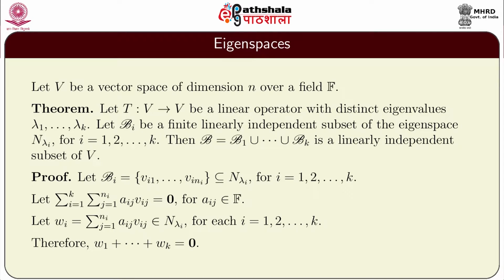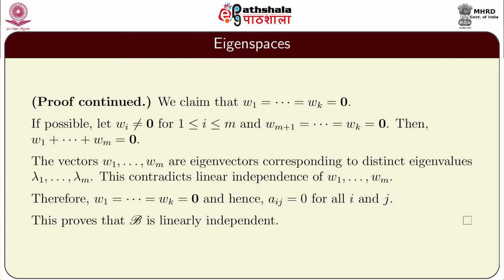Then from that previous line we see that W1 plus W2 and so on up to Wk is the 0 vector. We claim that each of W1, W2 and so on up to Wk is nothing but the 0 vector. So, suppose not, and if possible let Wi be non-zero for i between 1 and m, and Wm plus 1 and so on up to Wk be 0.